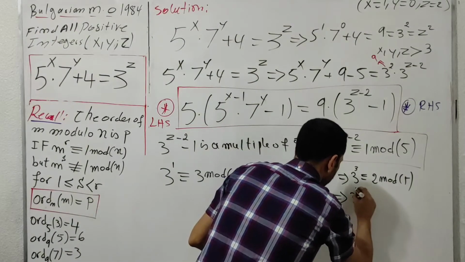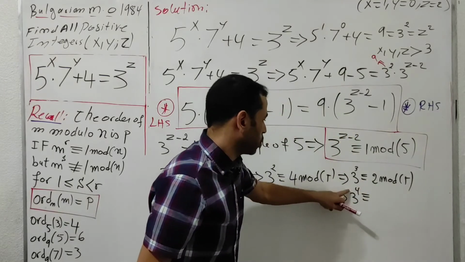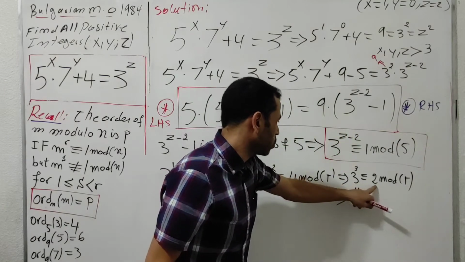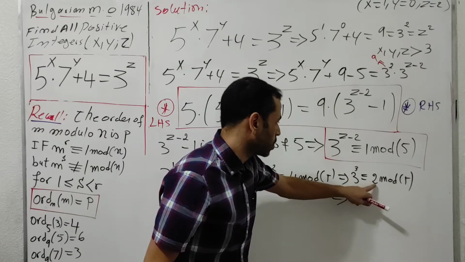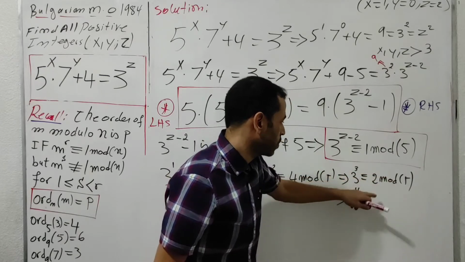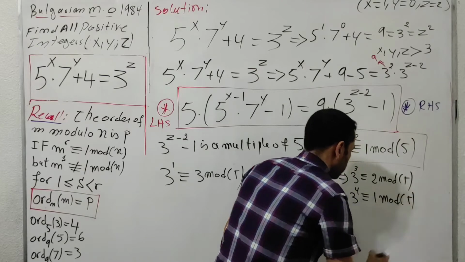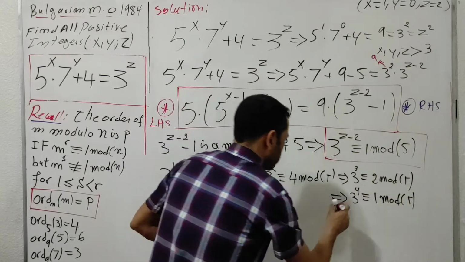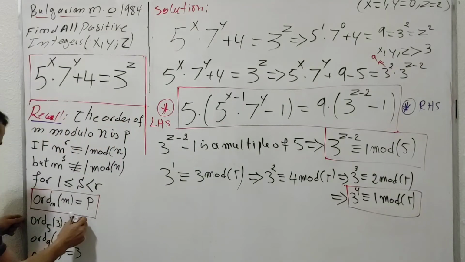I will get 3 to the 4th is congruent to 2 multiplied by 3, which is 6. 6 is the same thing as 1 mod 5, because we have one more than 5. I will get 1 mod 5. So I have proven this one. This fact is proven.